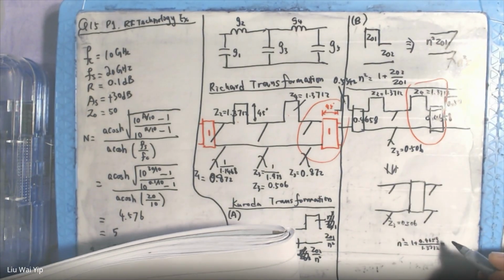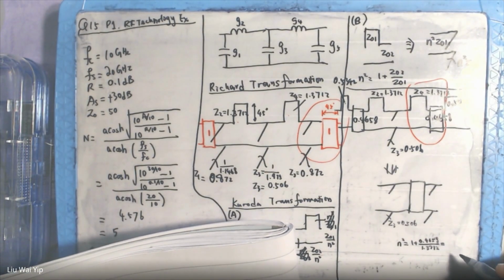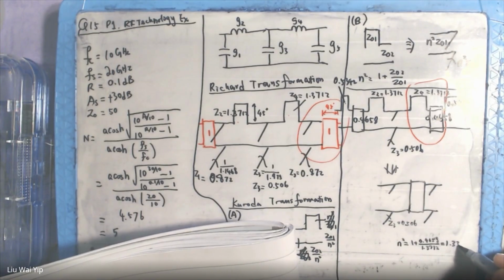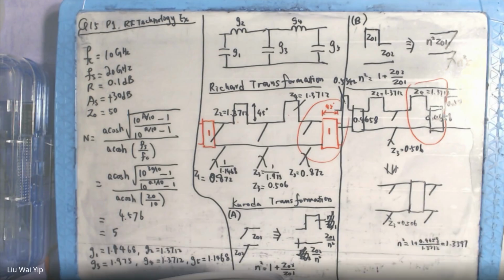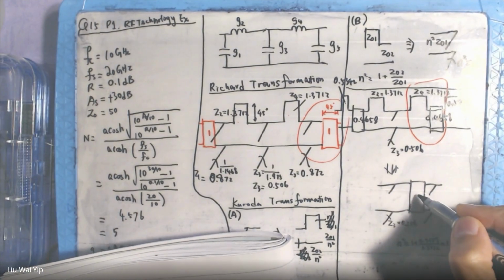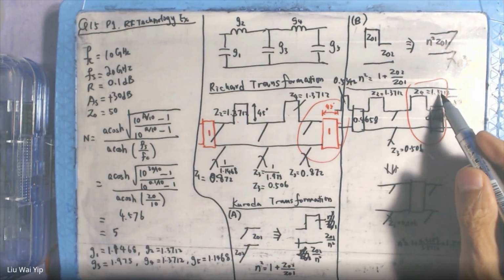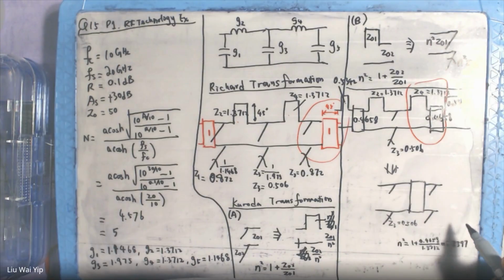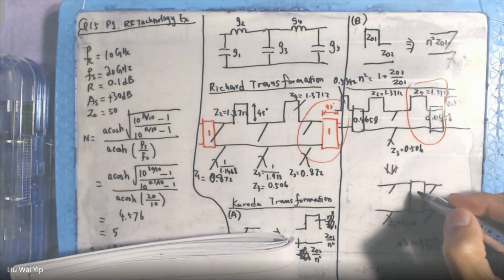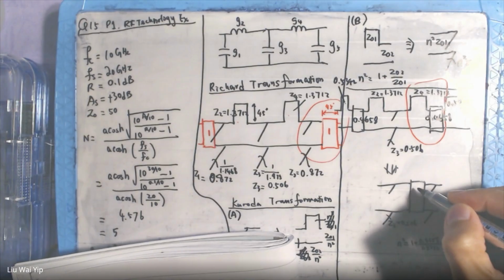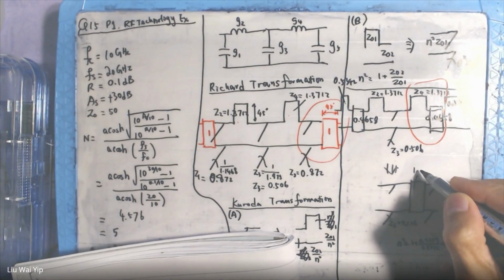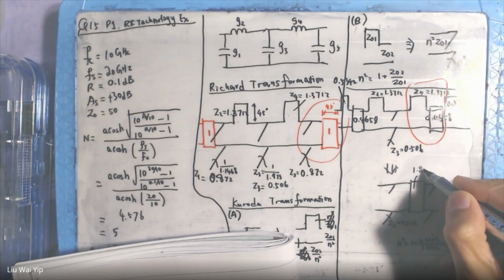So you get 1.3397. And with this, you just substitute to here, and then the value here times this one. And if you do it correctly, this one will become 1.837.